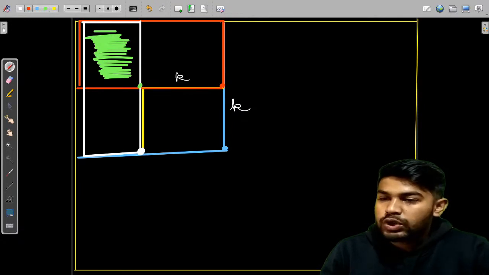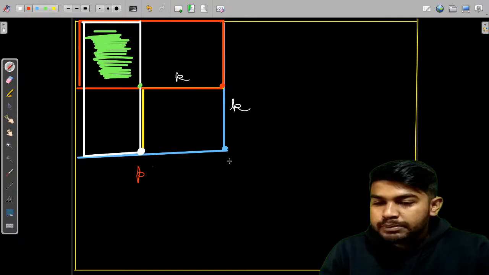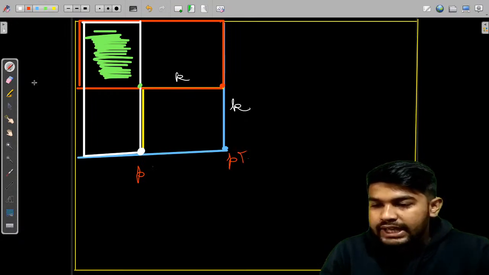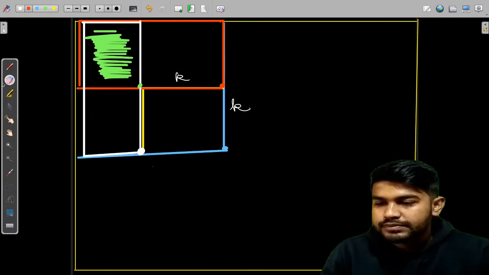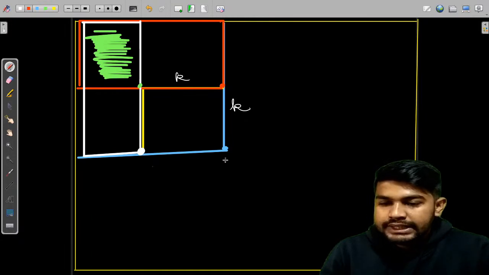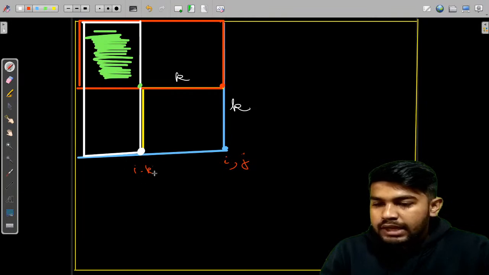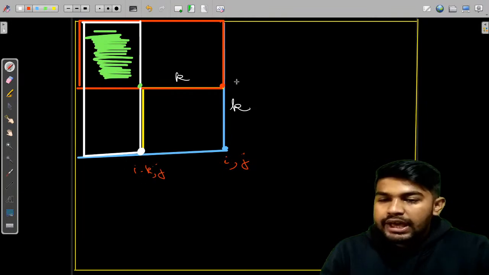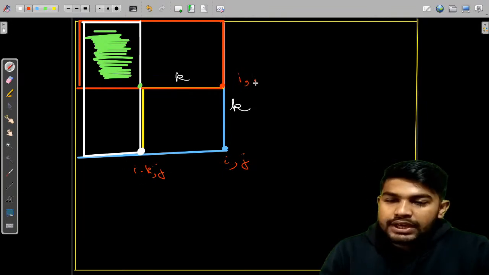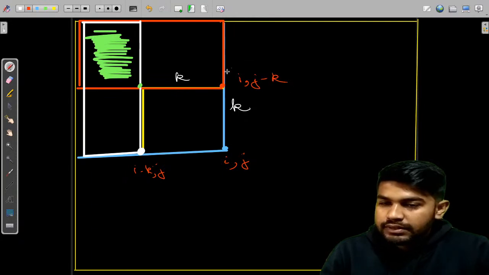This point is what? Suppose this point is P of i, j. Suppose this point is i and j. So this point would be i minus k comma j, and this point would be i, j minus k.